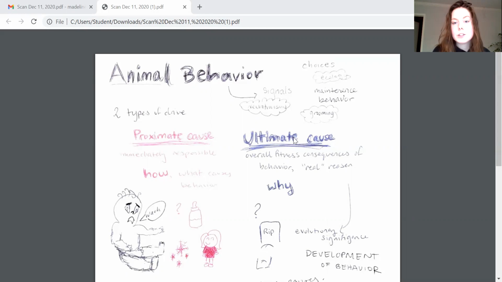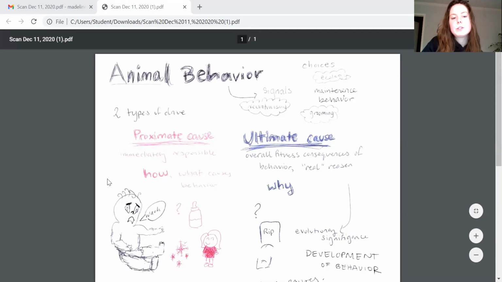The ultimate cause is what we consider the real reason that this animal behaves this way. It's why, in the end, the animal is driven to behave that way. We consider the overall fitness and how it compares, like the consequences of the individual's success.